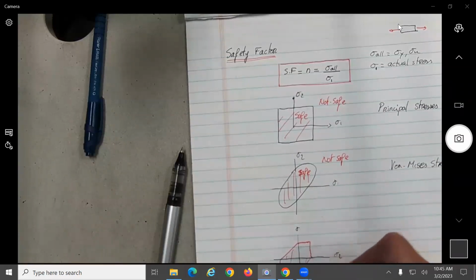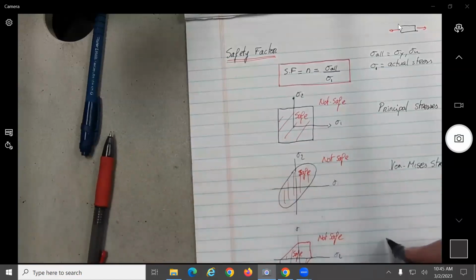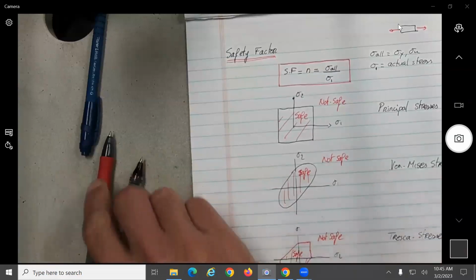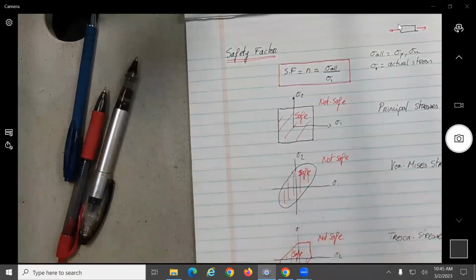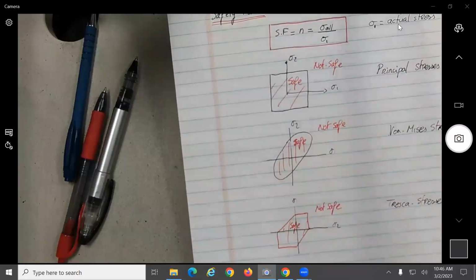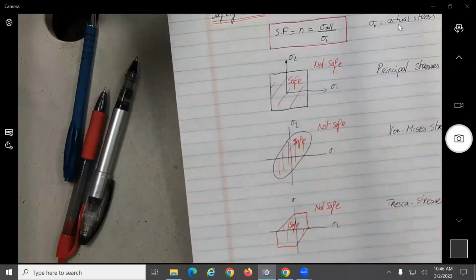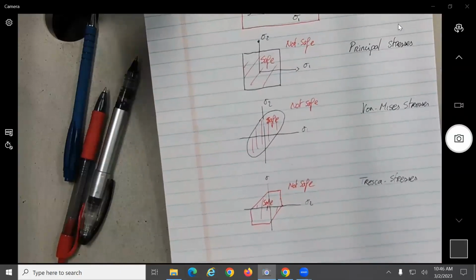So safe, not safe. It would be the Tresca stresses. You can know the equation, but I think it's always good to look at the figures to have a good representation. So in the real world, the Tresca stresses are the safest.